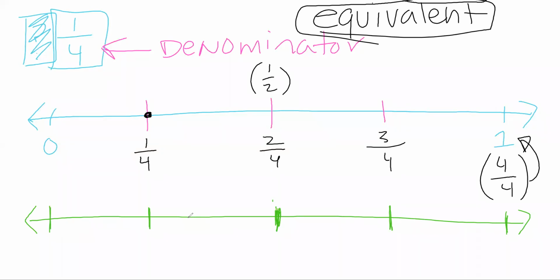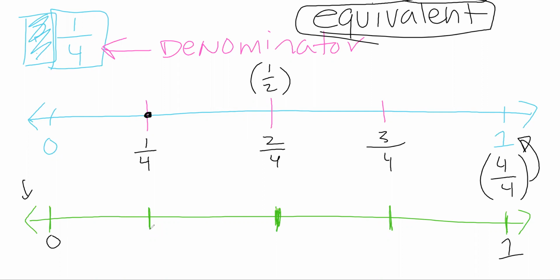Before we go any further, I want to think about how we can partition the second number line. Let me at least do 0 and 1. I'm not going to label the other parts yet.